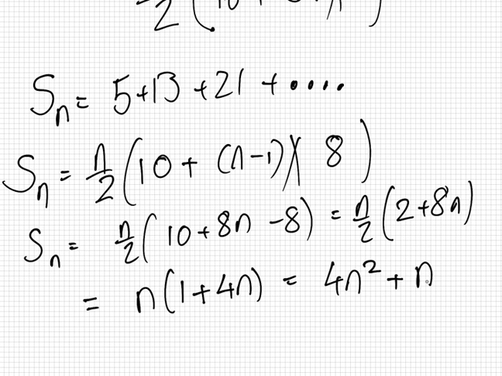If I add the first two numbers together, 5 and 13, what do I get? 18. Let's just check the next one. If I put n as 3, 3 squared? 9 times 4? 36. 36 plus 3? 39. Yeah, and then 5 plus 13 plus 21 should be the same. Yeah? So this lets you add up as many terms as you like from it.